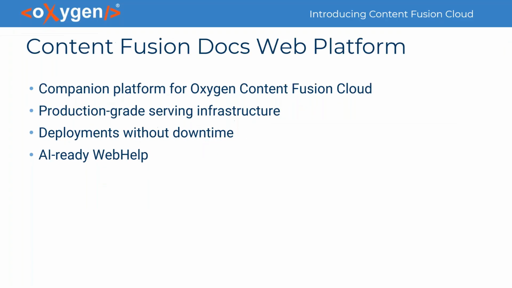Okay. Now, I wanted to tell you more about the publishing platform that I used before. So I told you about Content Fusion Docs web platform. This is a companion platform for Oxygen Content Fusion Cloud that we built recently.